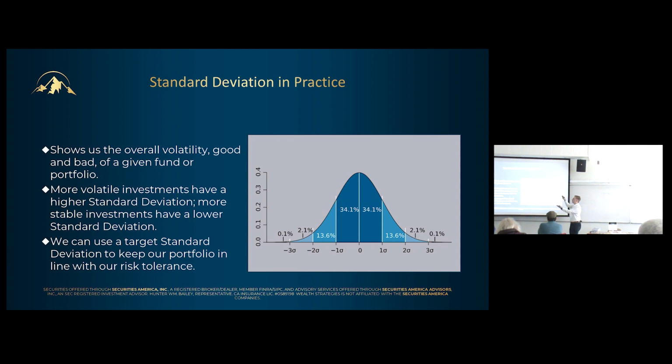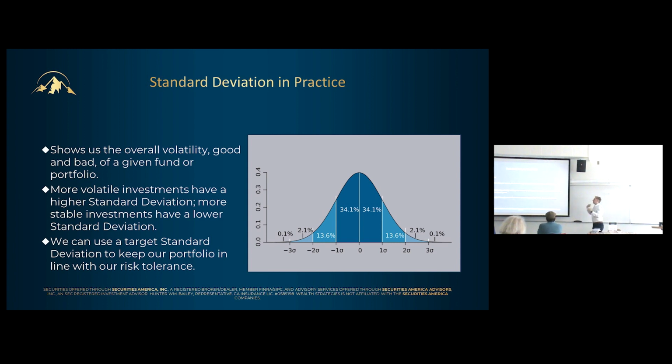I want to keep us in a nice channel that goes relatively upwards, even though we might go up to the top of the channel or down to the bottom, and have a back and forth in between there. It's like keeping a nice channel of upward trending over time with our investments. And how wide or how narrow you want that channel to be is what standard deviation causes us to decide.